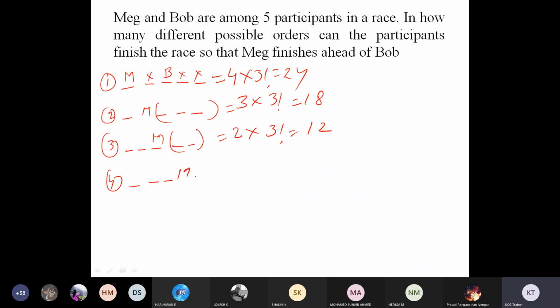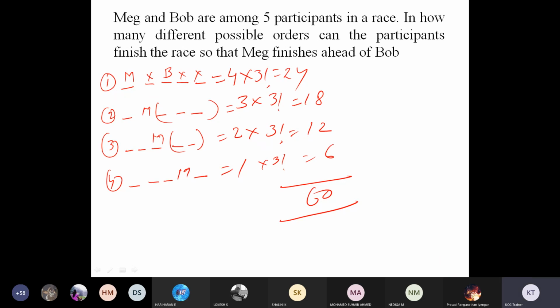If I consider Meg in the fourth position, then Bob has only 1 position, the 5th position, and the remaining 3 people 3 factorial. Meg cannot come to the 5th position because Bob has to be after Meg. So the total number of ways is 60. In 60 ways, these 5 people can be arranged in 5 positions, with the condition that Meg should finish ahead of Bob.